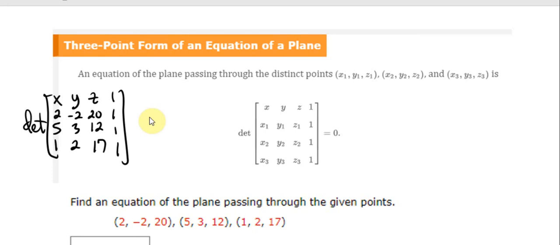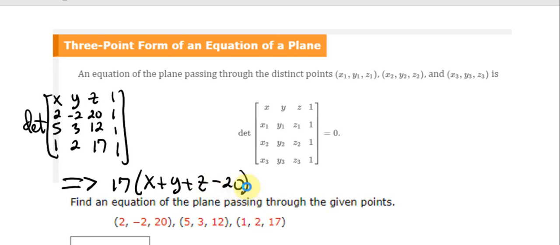Now here's what I got when I put that in my graphing calculator. That gave me 17 times x plus y plus z minus 20. But I didn't tell it equal to 0, so let's say here equal to 0.